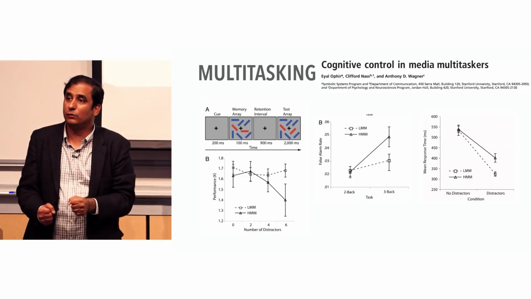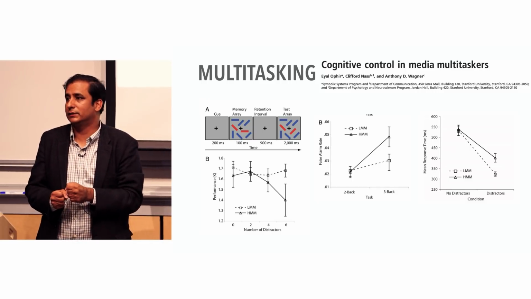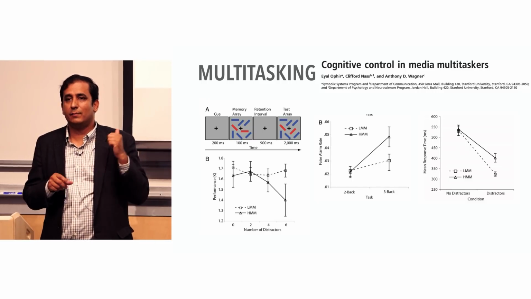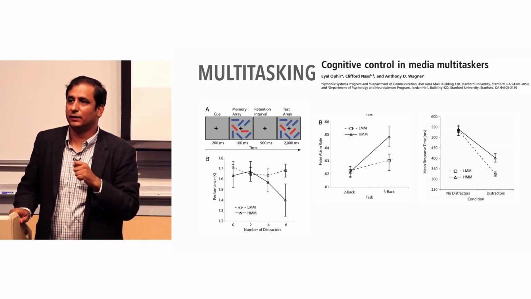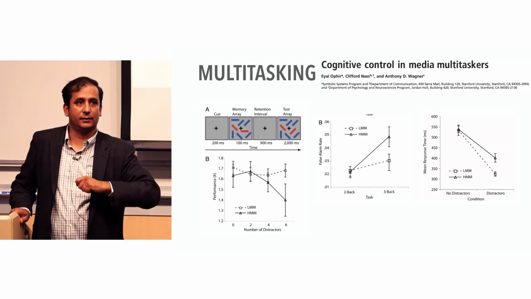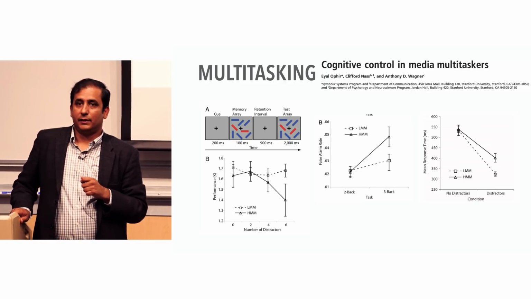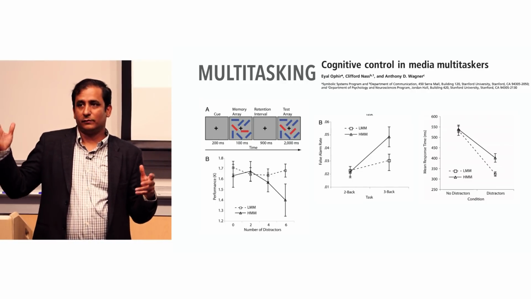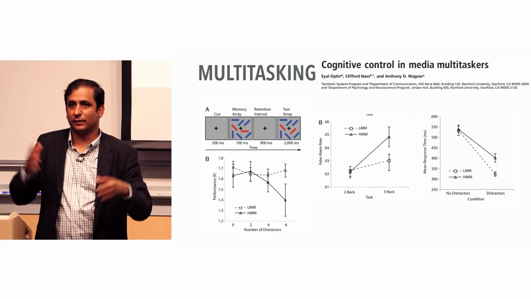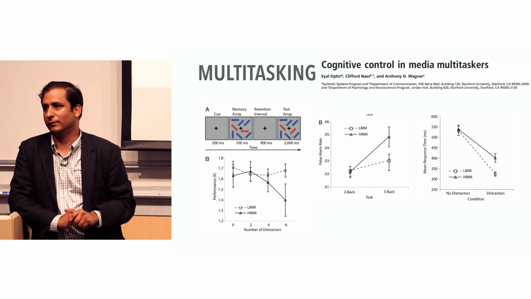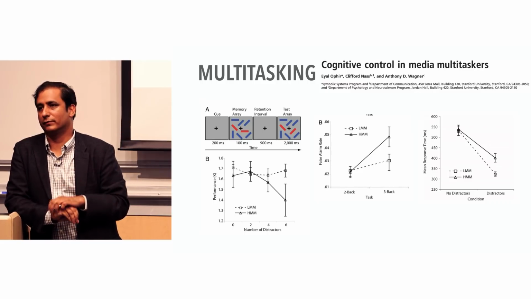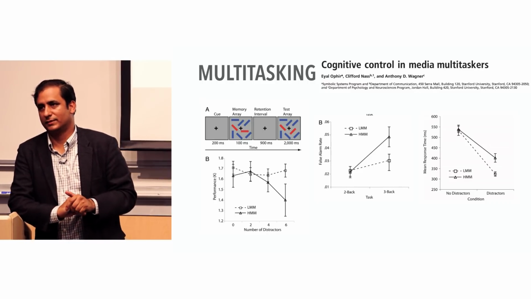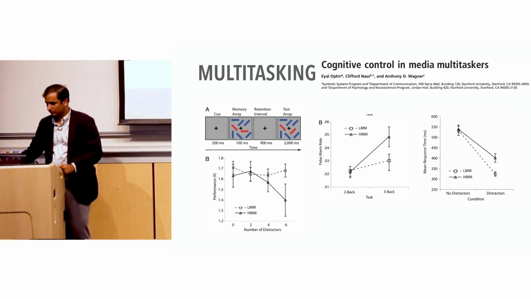Even if you tell them don't worry about the blue bars, just focus on the red bars, people who are HMM, which actually means high media multitaskers, so people like us who have a phone, an iPad, a laptop and a desktop all on, getting Slack notifications and Facebook notifications, and we think we're doing amazing work by multitasking a gazillion ways, they ended up showing they have the worst cognitive control as compared to light media multitaskers.